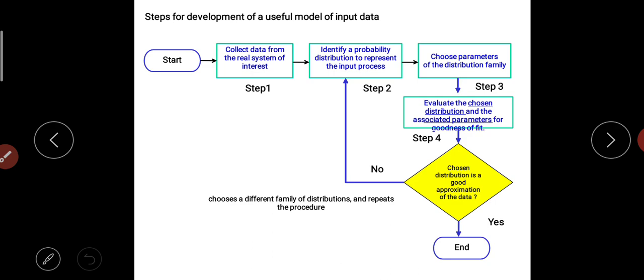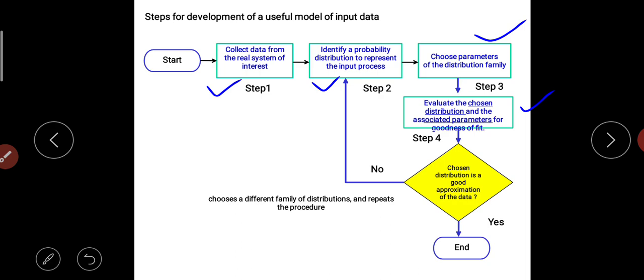In the first step, we will collect data from the real world system of our interest. In the second step, we will identify the probability distribution to represent the input process. In the third step, we will choose a parameter of the distribution family, and in the fourth step, we will evaluate the chosen distribution and associated parameter for goodness of fit test.